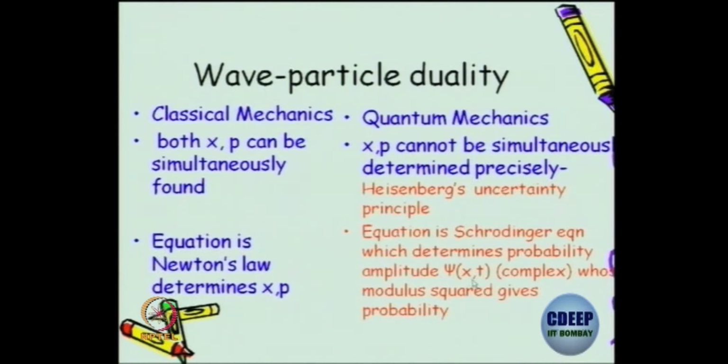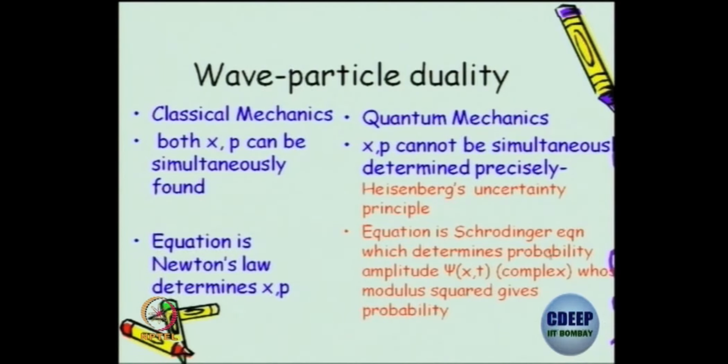In quantum mechanics, the equation which you have to solve is the Schrodinger equation, and the main theme of the Schrodinger equation is to find a solution for a wave function, also called probability amplitude. In one dimension, it is written as psi as a function of x. It can also be dependent on time.